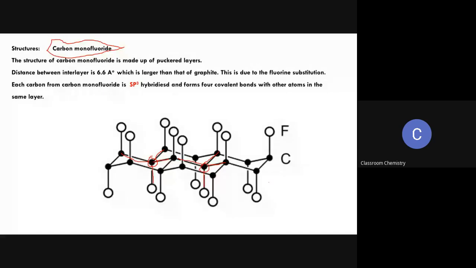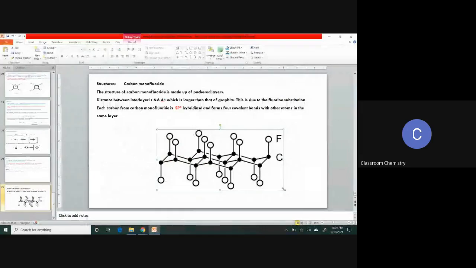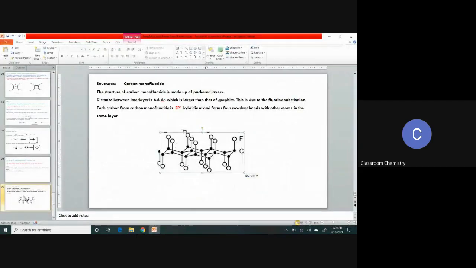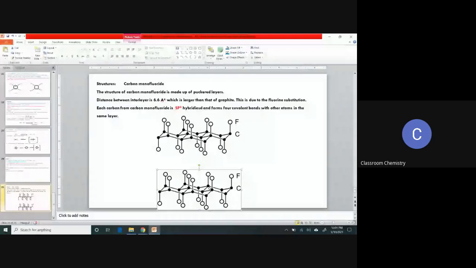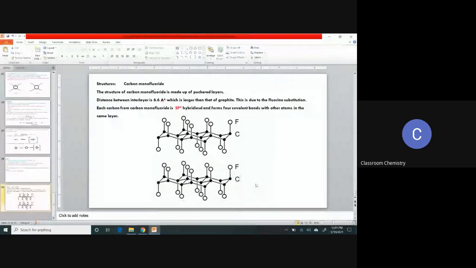Suppose this is the first layer and there is another layer. This is the first layer and this is the second layer. What do we write here?